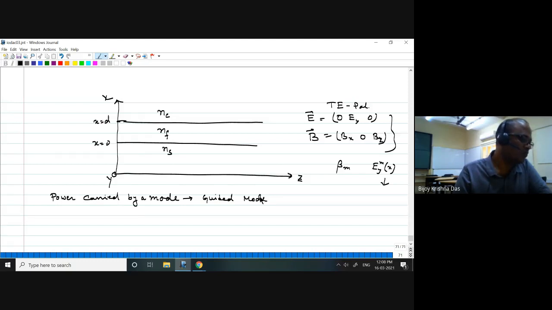Another thing is called the slot waveguide, which you have probably also heard of. Instead of the maximum field strength being confined in the core region where the refractive index is higher, we'll find that there is a certain kind of geometry where the maximum power is confined in the lower refractive index core region.